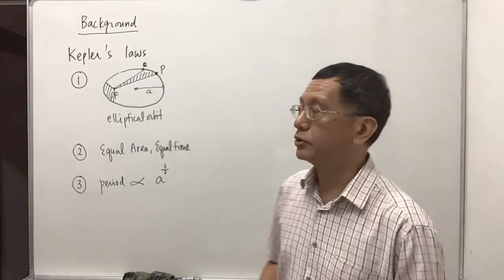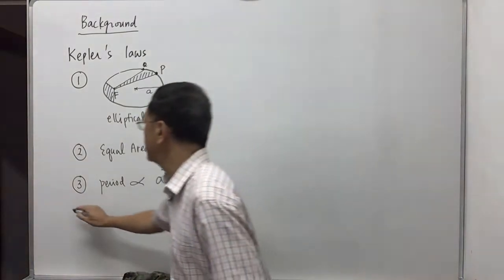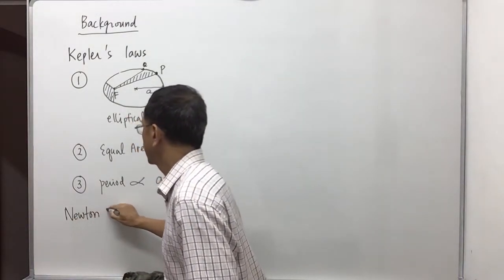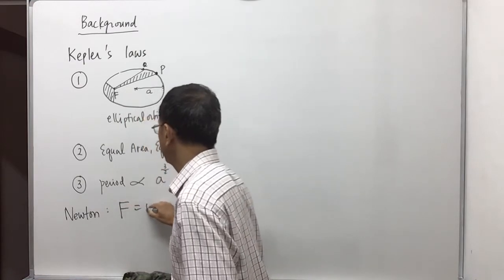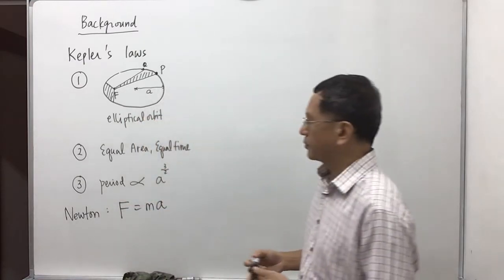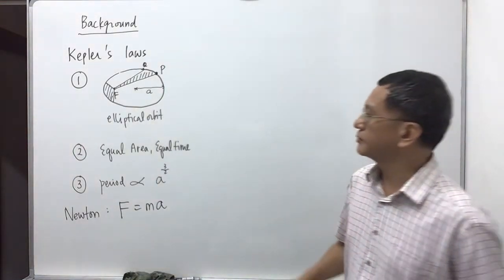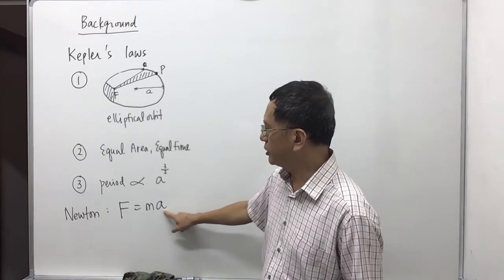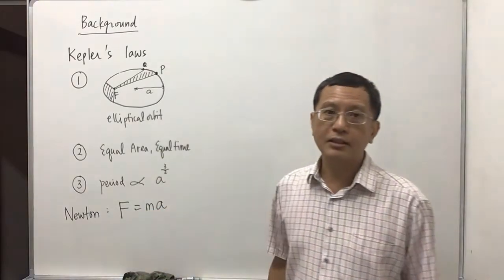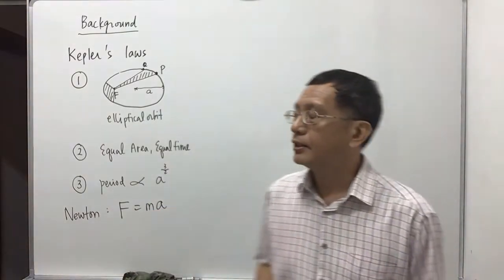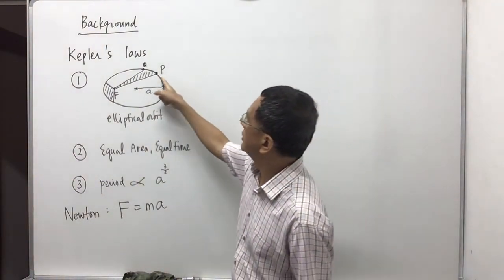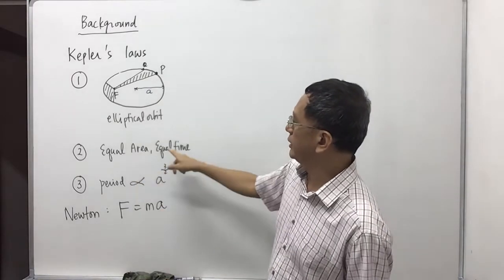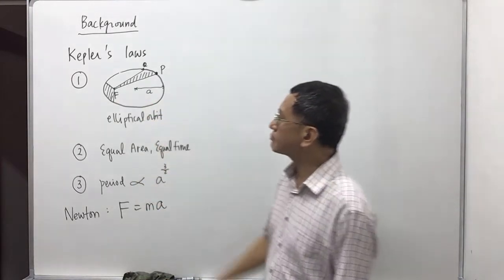So we all know about Newton's laws of motion, the very famous F equals ma. Now, what Newton found out was that based on his law, the acceleration is in the same direction as the gravitational force, because the area swept out, the second law, in equal time will be equal.